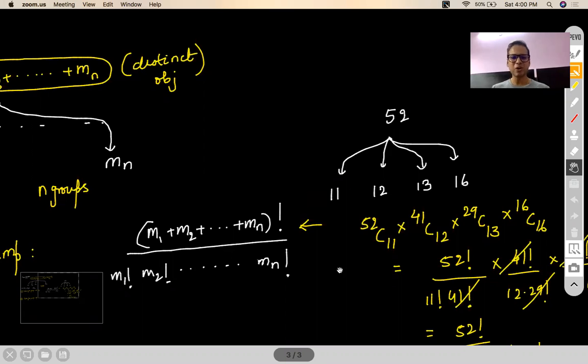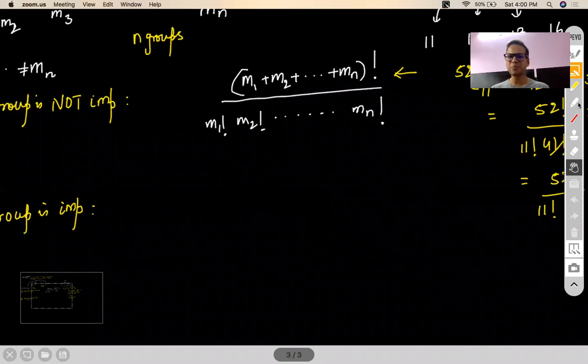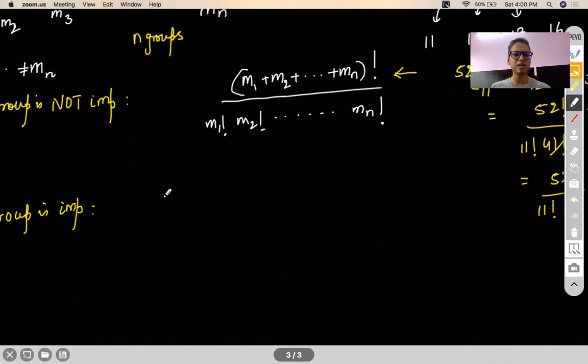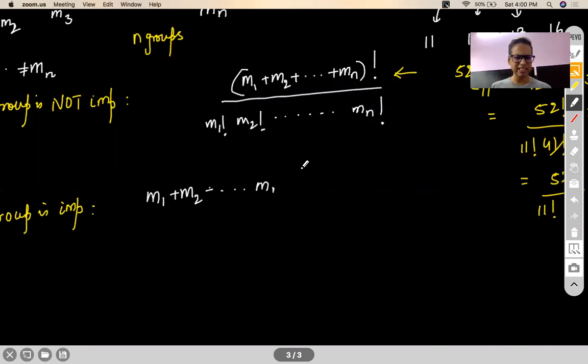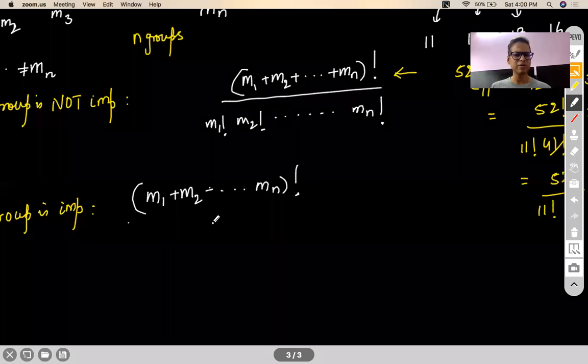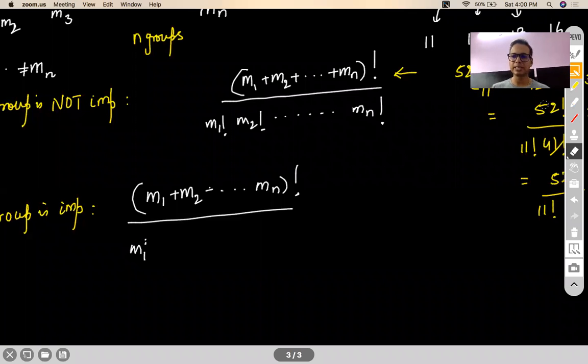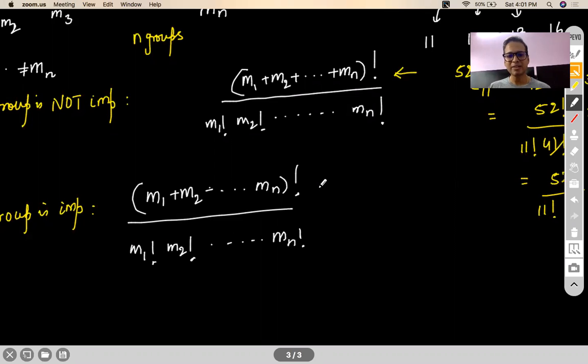So when order is important, a small change will happen to this formula. Everything will remain the same, just in the last step you have to multiply it with n factorial.